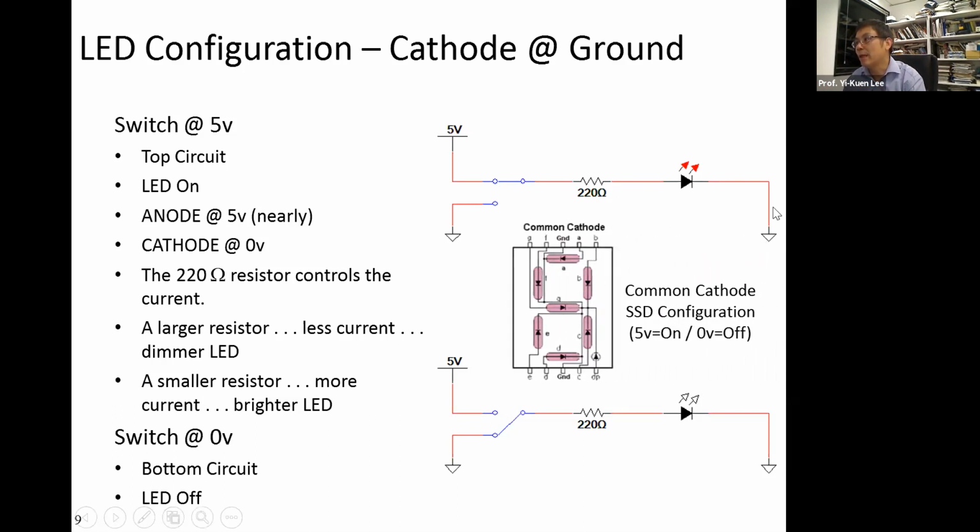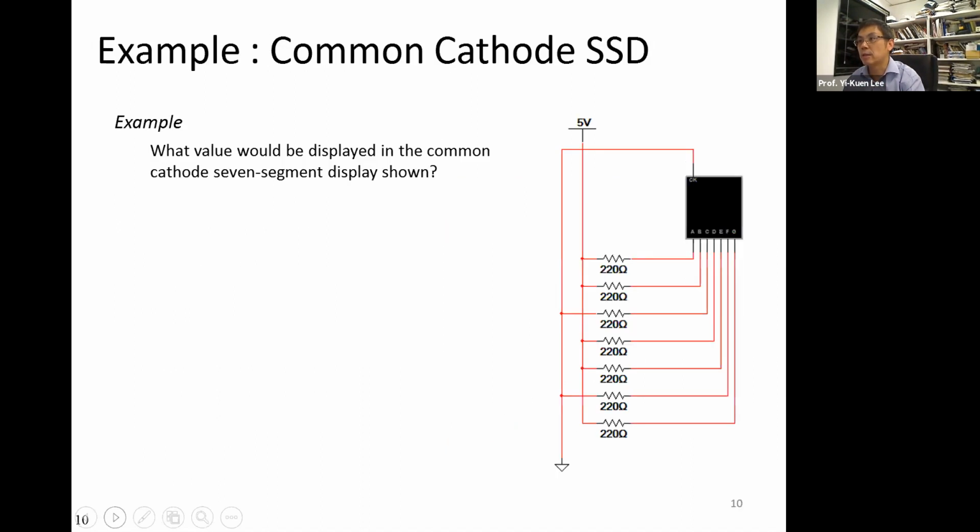Of course, we are not only controlling one LED, but in general a 7-segment display, right? In this case, how can we do that? That means you need to provide a series of connections between this LED 7-segment display and the Arduino with an additional resistor. So here I show you how we do that. For example, for one digit of the 7-segment display, you can see A, B, C, D, E, F, G, right?